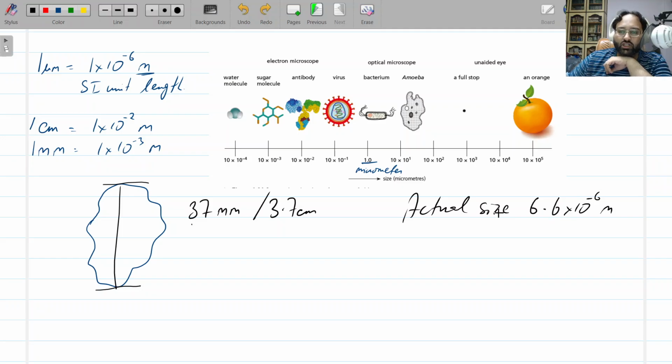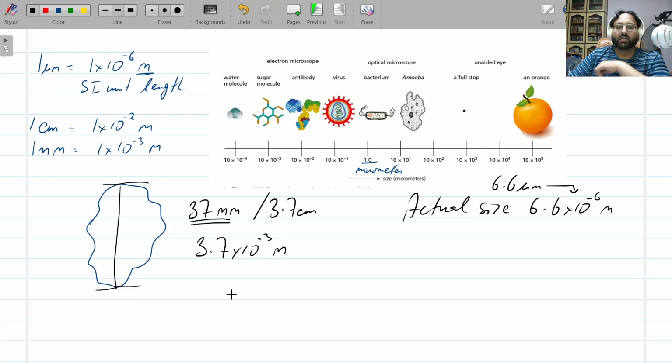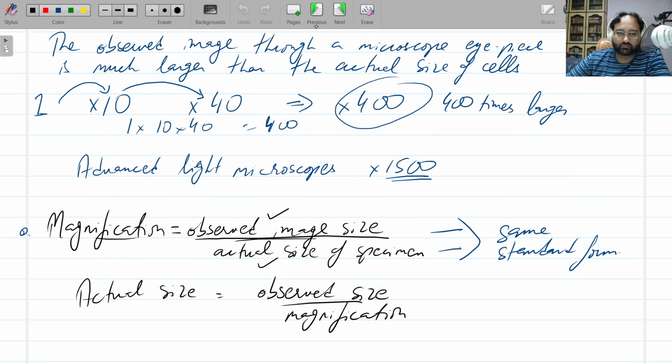What you need to do is convert the 6.6 micrometers to standard form. Then you take the 37 millimeters, which is 3.7 into 10 to the power minus 3 meters. Now you've got them both in standard form. Then you can apply the formula: observed image over actual size.